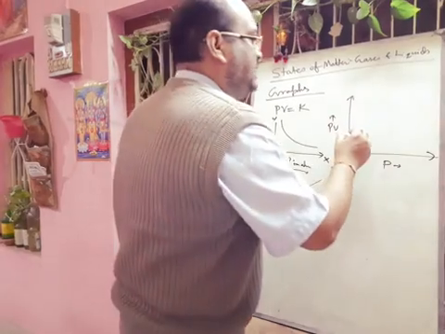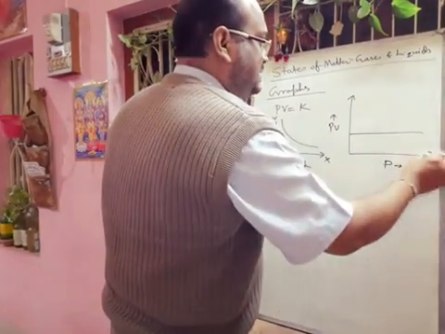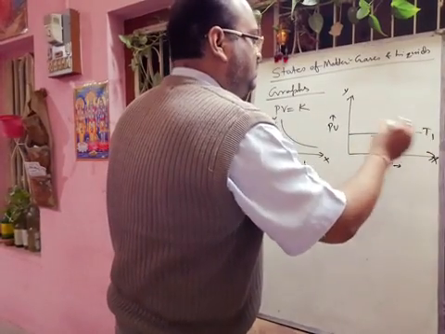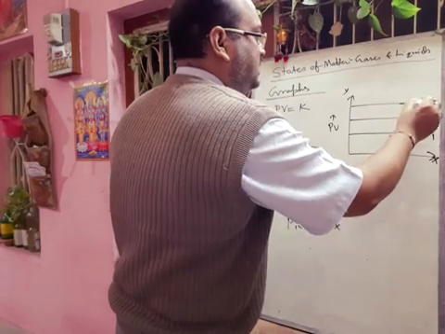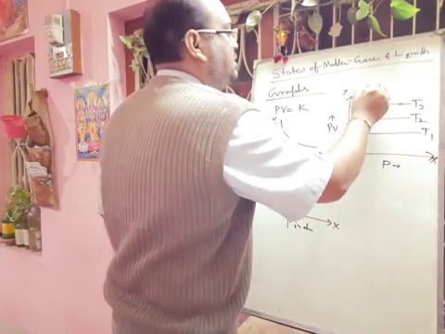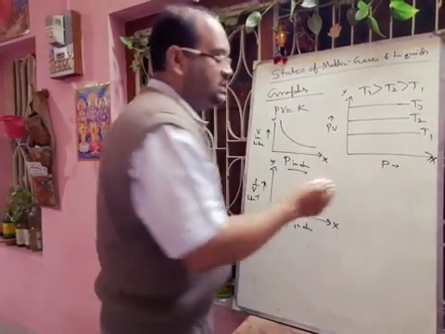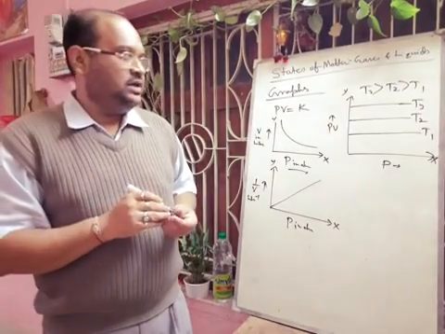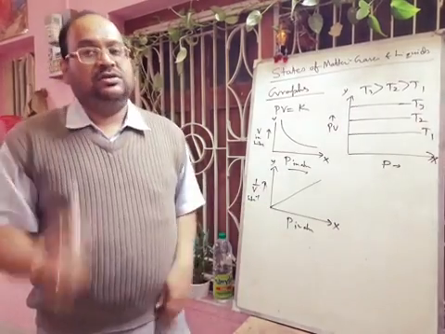Each will be constant, parallel to the x-axis. Suppose this one is T1, this one is T2, and this one is T3. So definitely T3 will be greater in temperature than T2, then T1. So this type of curve we will get. These curves are also very important, and numericals also you have to practice.